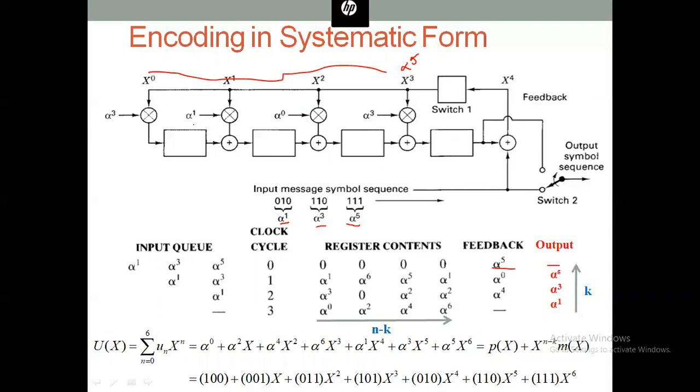And this alpha 5 is multiplied by alpha 3, alpha 1, alpha naught, alpha 3.